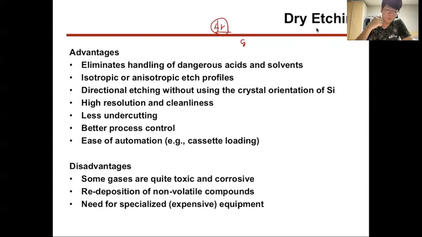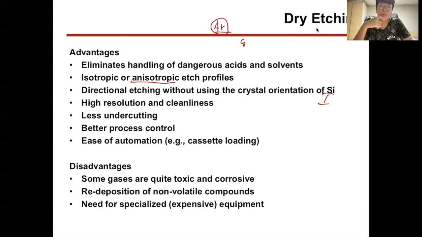Using this dry etch, we can make anisotropic etch profiles, and it does not relate to the crystal orientation of the silicon. However, it can heavily damage the silicon.